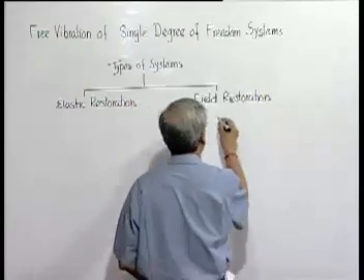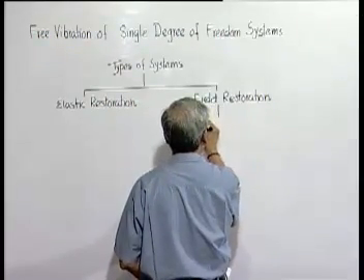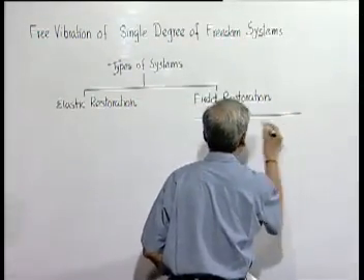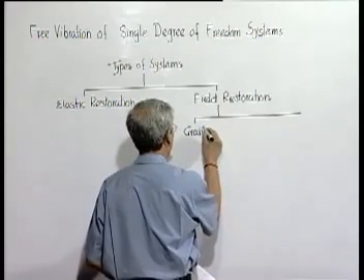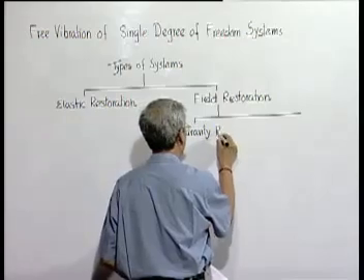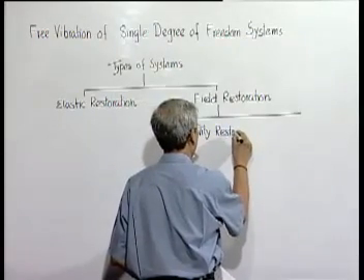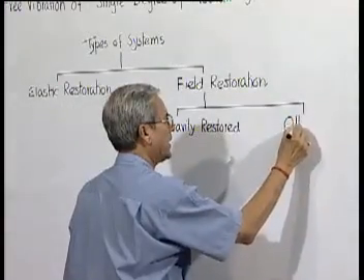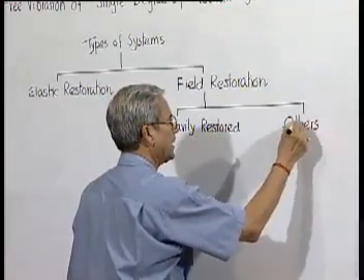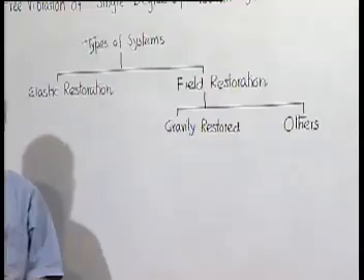The most common type of field we encounter every day is gravity. Others are electromagnetic fields, electrostatic fields, magnetic fields, which we need not go into details.